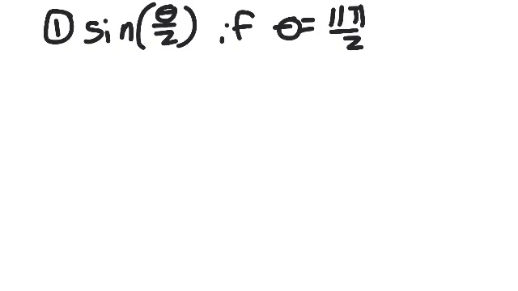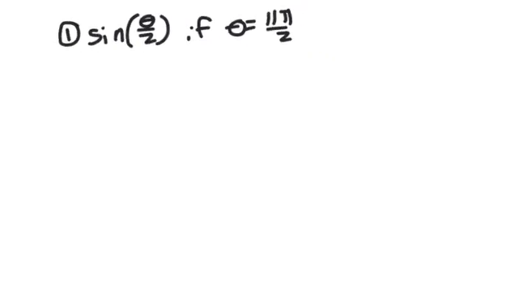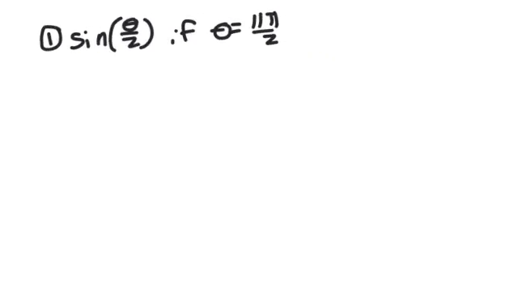Okay, so what I have to do is substitute in for theta 11 pi over 2. This is where I used to always get confused when I would have a fraction inside a fraction. So again, you may already know what the answer is, but I'm going to talk through how I would have done it when I was in school. So this would be 11 pi over 2. That's my theta, and that's going to be over 2. And I'm going to put that over 1.